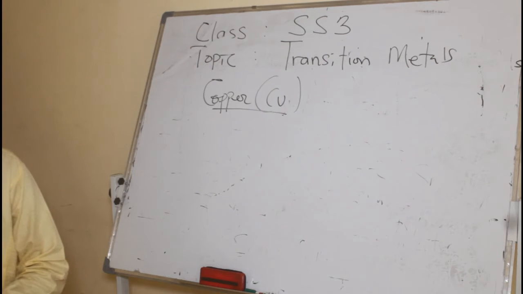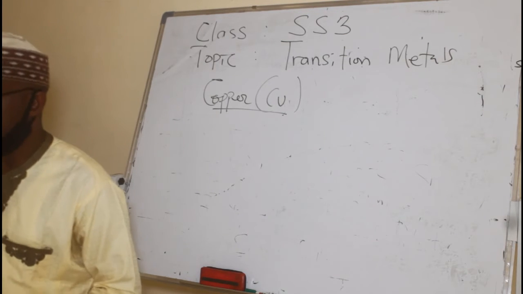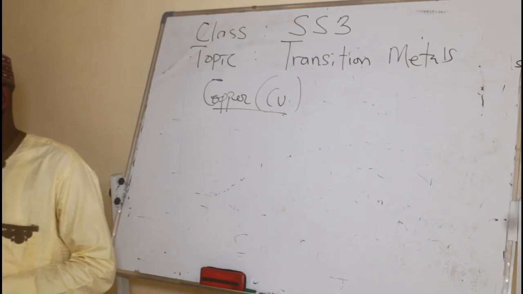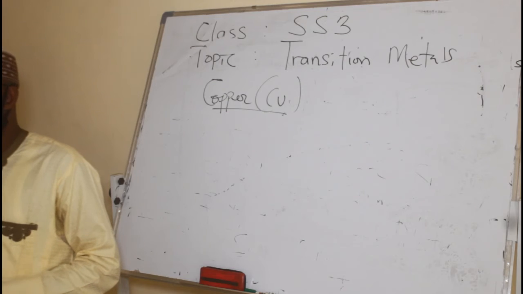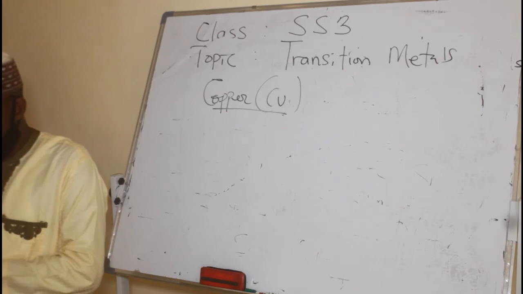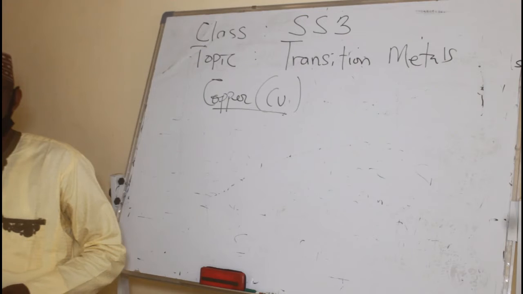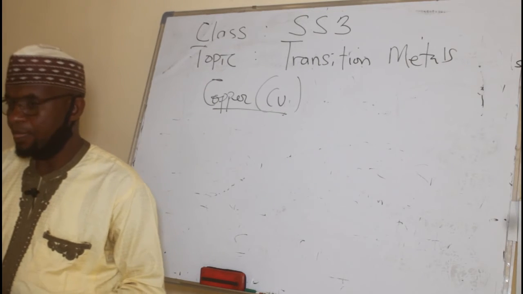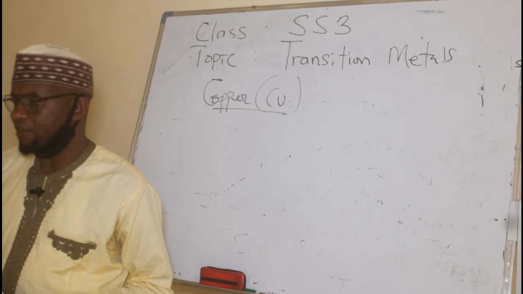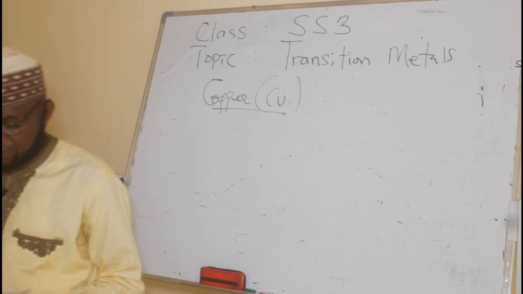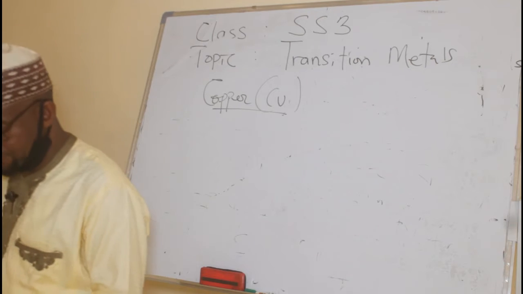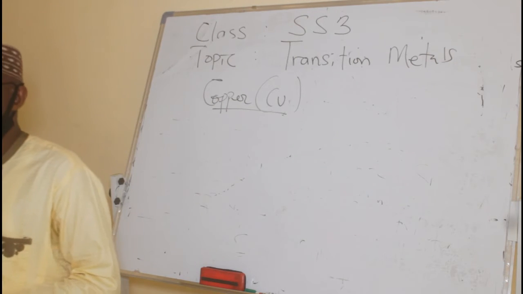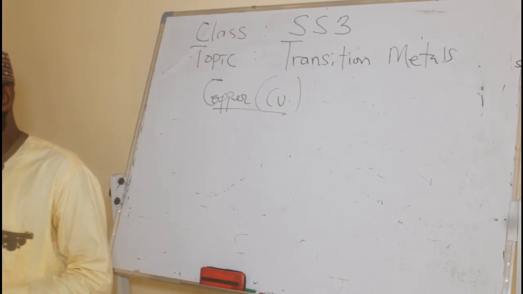It is also second to iron in terms of diversity in application. Copper is used anywhere, second to iron. Apart from iron, the next element that is quite significant in application is copper. Copper deposits are mainly found in Chile, that is in South America, in Zambia in Southern Africa, and in the DRC, Democratic Republic of Congo, which is in Central Africa.